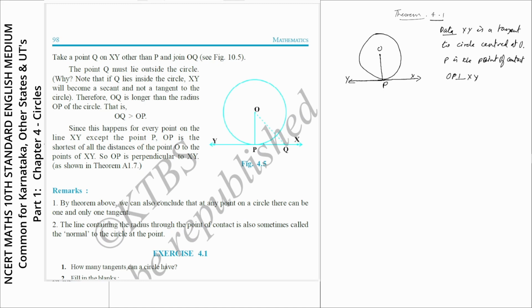So for the proof, I'll mark a point Q on XY and join OQ. So I'll mark a point Q here on XY and I'll join OQ.